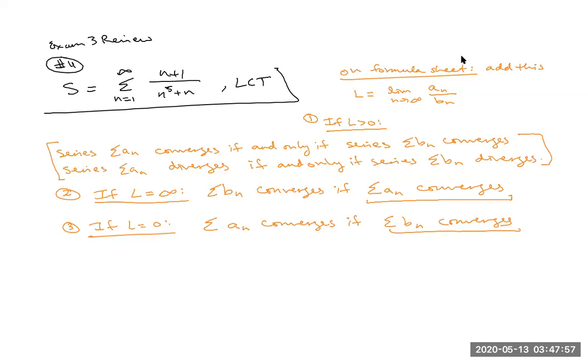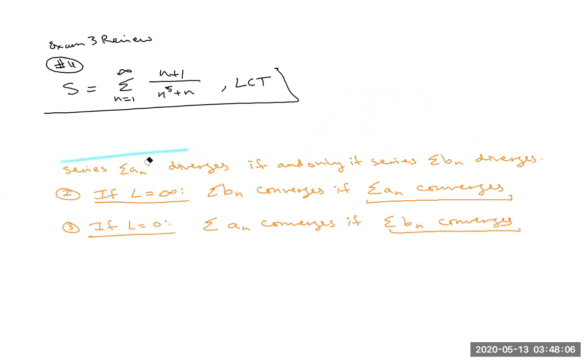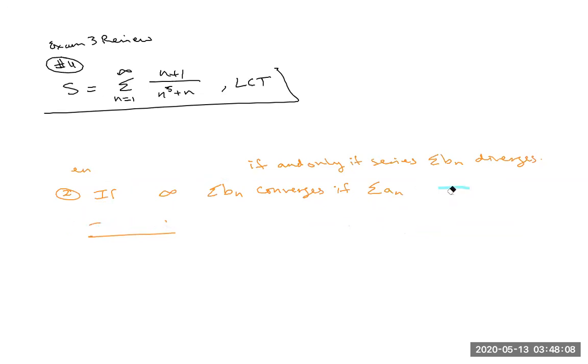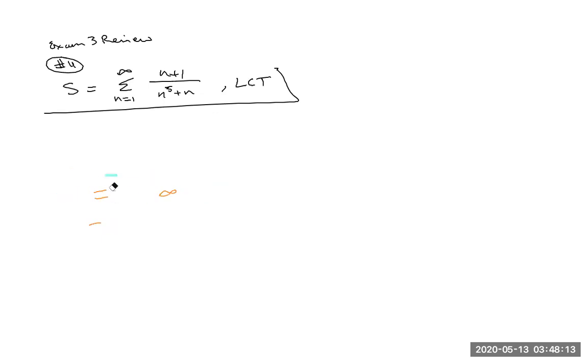All right, so I'm going to clear all this out now. So let's put S in orange as always. All right, so here we go. We're going to use the limit comparison test for this.